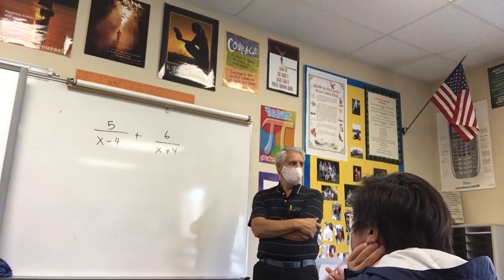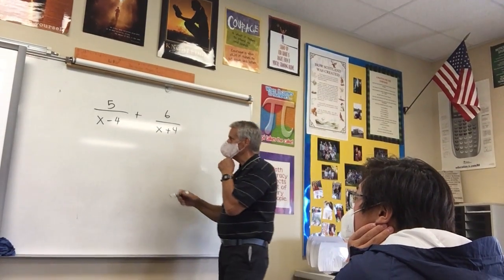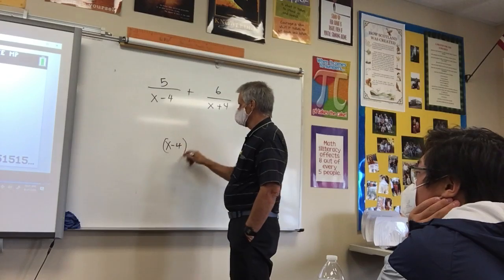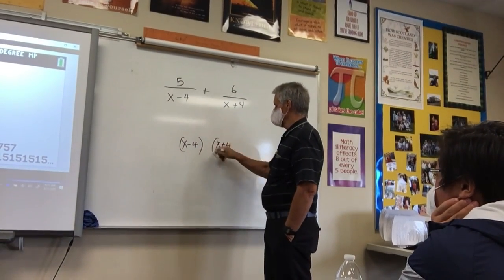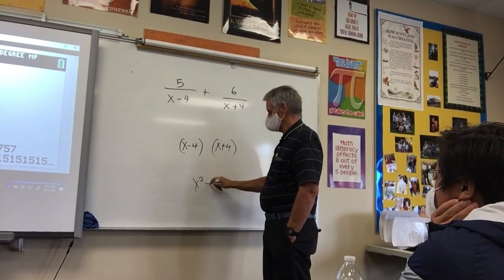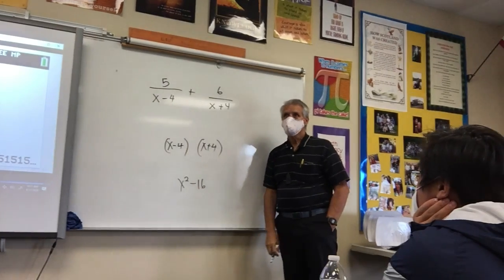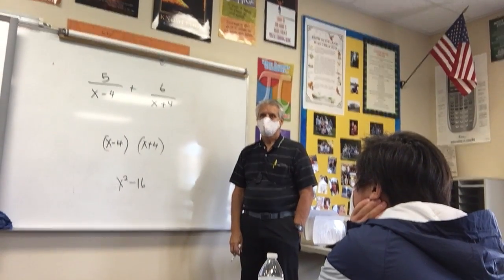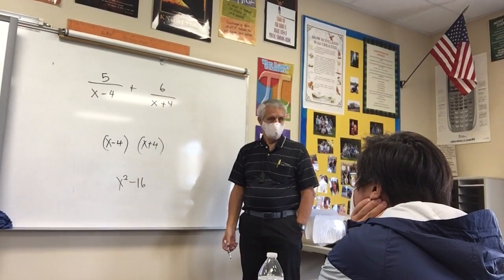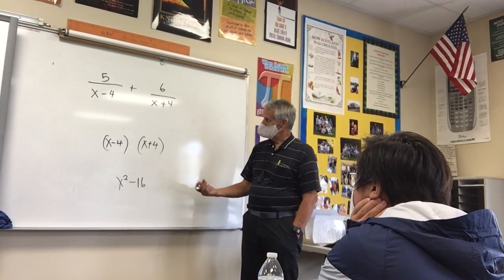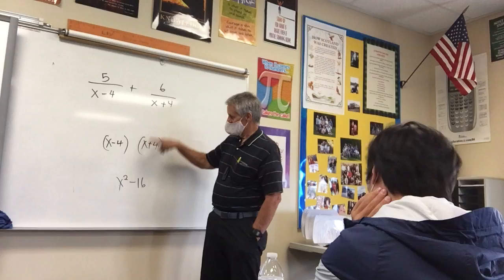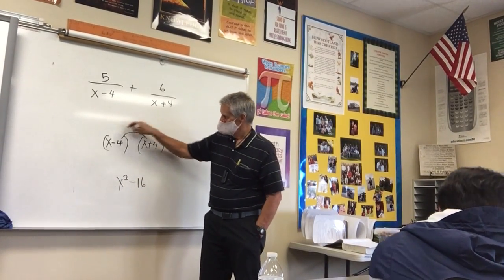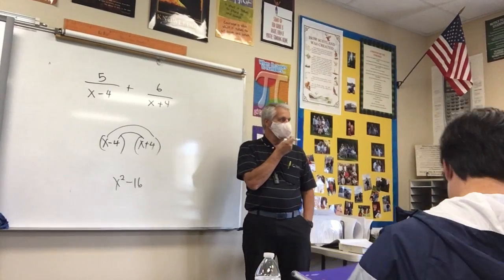Get a common denominator. Find the common denominator: this factor has to be there, this factor has to be there, and then I multiply these together. The middle terms cancel, when we add them up they add up to 0.